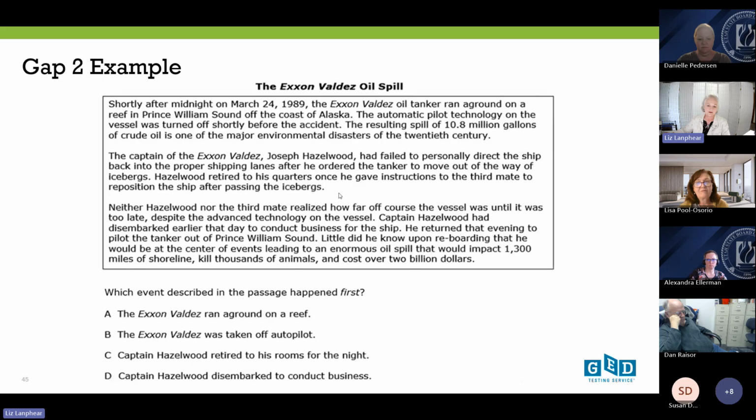So if you've read the whole thing, in chronological order, he disembarked to conduct business first. The students tend to say, oh, well, the first thing that happened is this that I read in the first paragraph. And so that's the mistake that usually is made on this type of question. But when they realize that in time, he disembarked earlier in the day, chronologically, what happened first was he disembarked to conduct business.